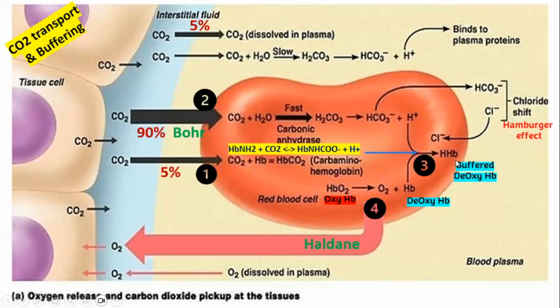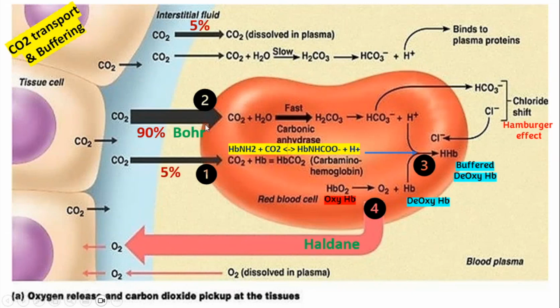And this buffered deoxyhemoglobin will be brought to the lungs, and then CO2 will be eliminated via the bicarbonate. When it reaches the lung, this HHb, buffered deoxyhemoglobin, will release H plus and take up oxygen. This reaction will go this way and CO2 will be released in the lung. Hope you all understand.